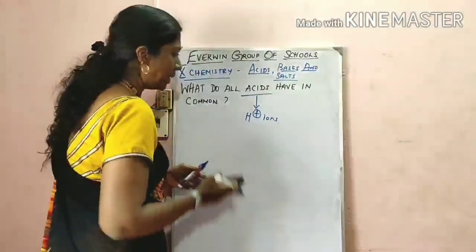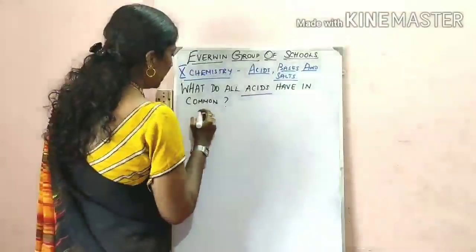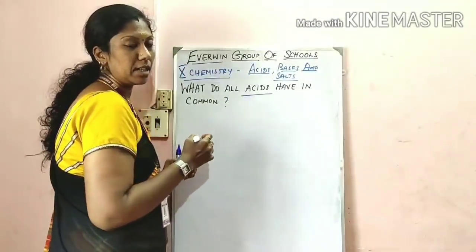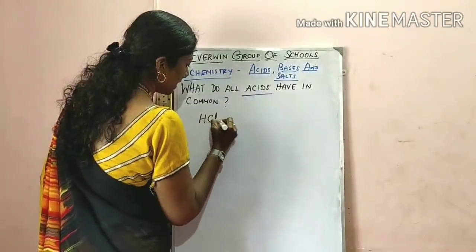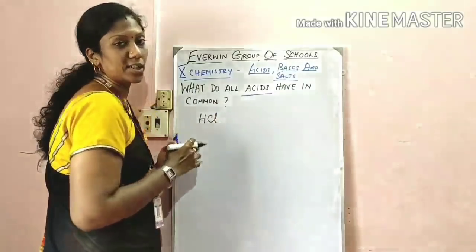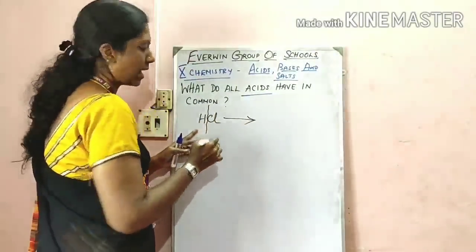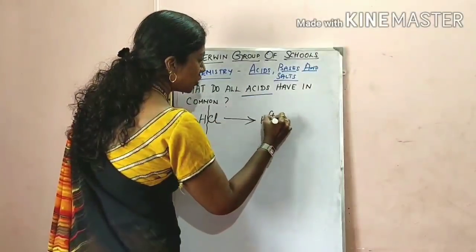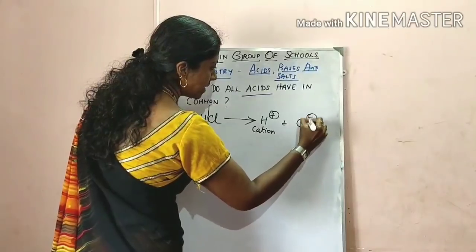The first example is hydrochloric acid. The formula of hydrochloric acid, which is nothing but hydrogen chloride, is HCl. Now what happens when HCl is dissociated? This bond breaks and it becomes an H plus cation and a Cl minus anion.